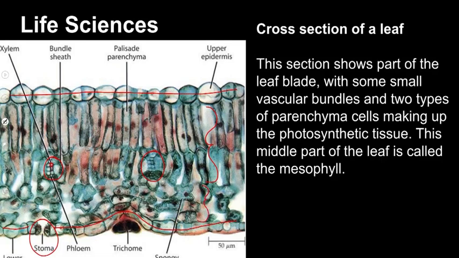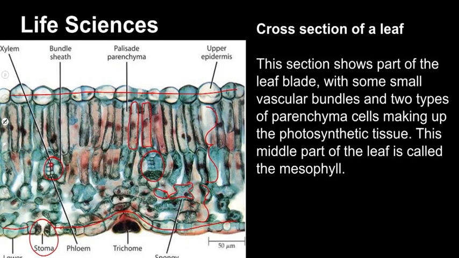The ones at the top are brick-shaped and tightly packed, and they are chock-a-block full of chloroplast. That's why the top surface of the leaf is green. At the bottom here, the cells aren't regular shape. They're rounded, and there's lots of air spaces between them.